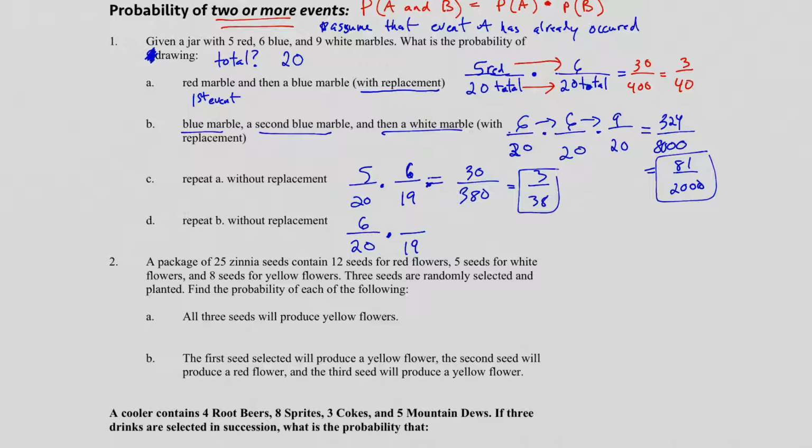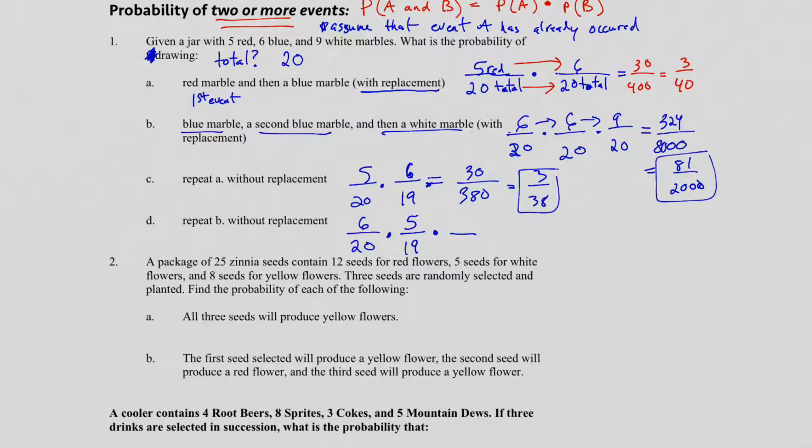So 6 blue marbles at the beginning. We took one out. We didn't put it back, so now we have 5 blue marbles, and we have 19 total marbles. All right.